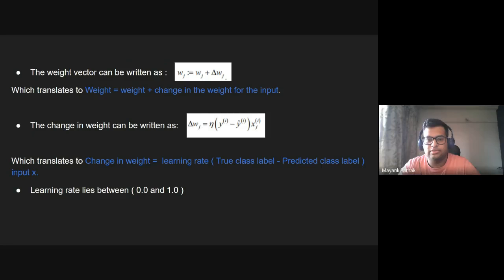Now delta W, which is the change in the weight, can be written as eta times the true class label minus the predicted class label for the input x. If we multiply the learning rate and the difference for that particular input x, we get the change in the weight.